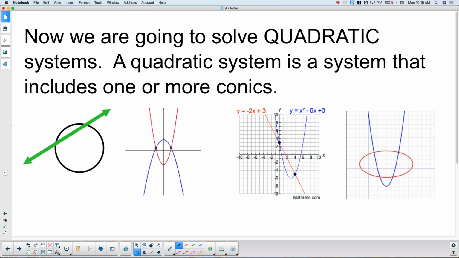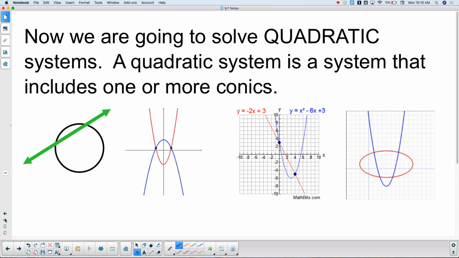So we might have a circle and a line, or 2 parabolas, or a parabola and a line, or a parabola and an ellipse, or 2 hyperbolas, or a hyperbola and a circle, okay? Or a hyperbola and a line, or an ellipse and a line, or whatever. Okay? One of the 2 equations is a conic.